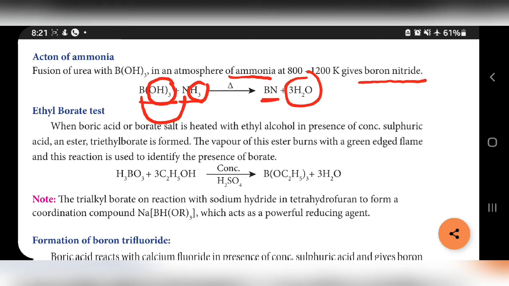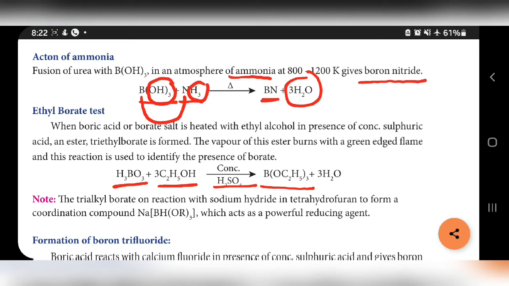Next one, ethyl borate test. When boric acid or borate salt is heated with ethyl alcohol in presence of concentrated sulfuric acid, an ester, that is triethyl borate, is formed.